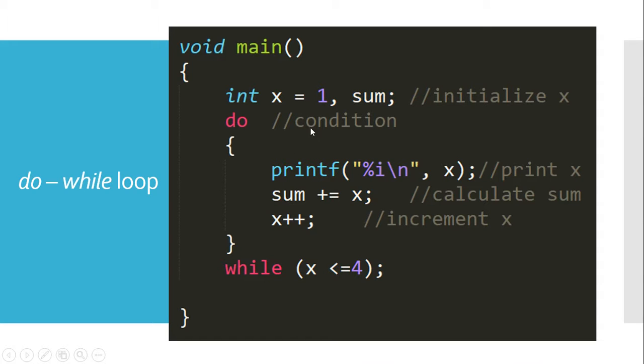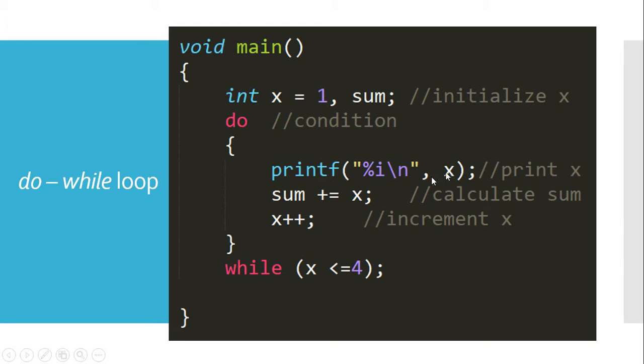Simple, easy, okay. So do print x, so it will print x, and then it's going to update sum. So sum is just going to be the addition of x. So sum is basically just going to keep adding what x is to it. So at the end, we'll have the sum of what all the x's are.